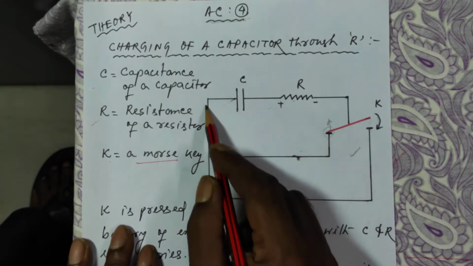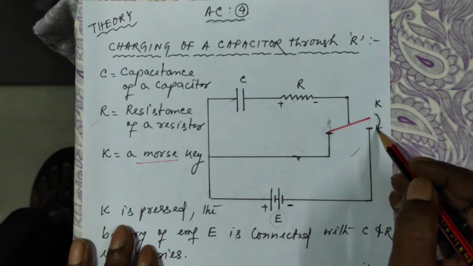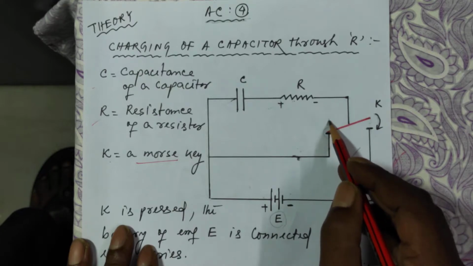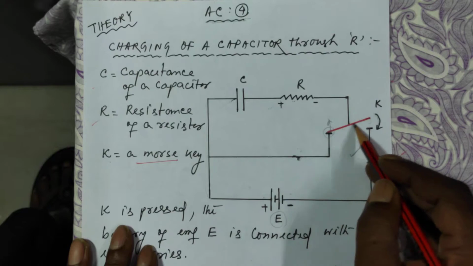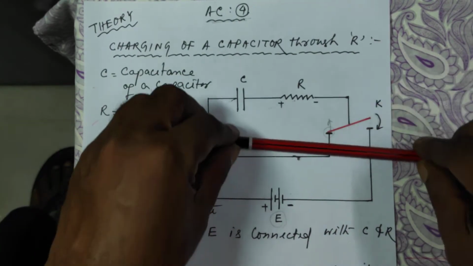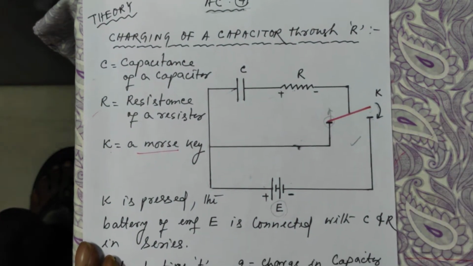Because this key is fixed about this point, this red line can move like this. So when the key is pressed, then only the circuit is complete.